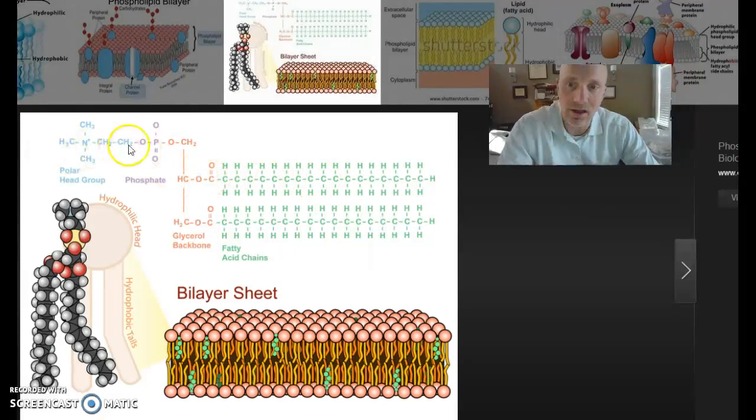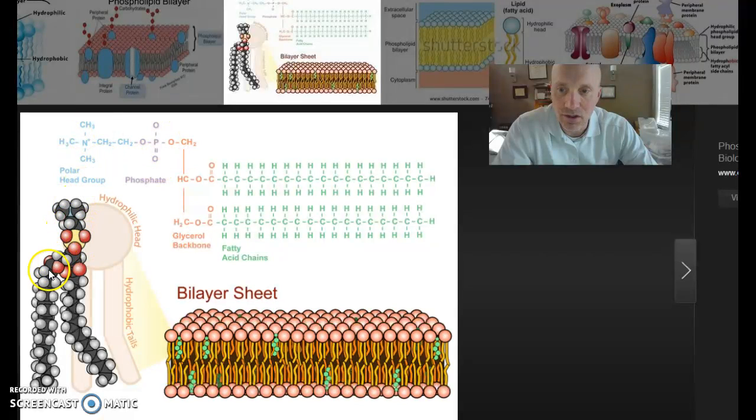You can have the phosphate on different alcohol parts of the glycerol molecule. It can either be on the 1 and the 3 or on the 1 and the 2. But the important thing is that two of these are going to have fatty acids, and one of them is going to have that polar phosphate group.